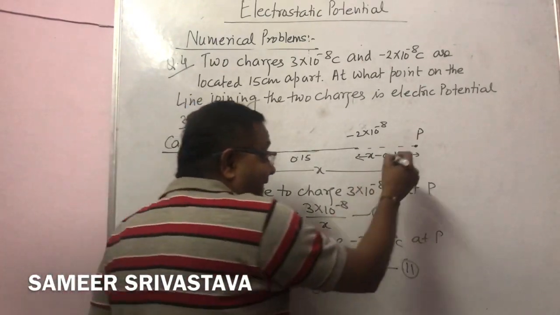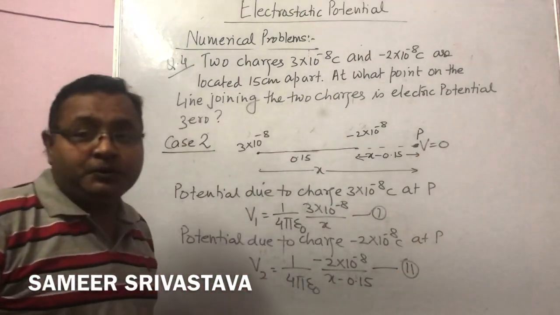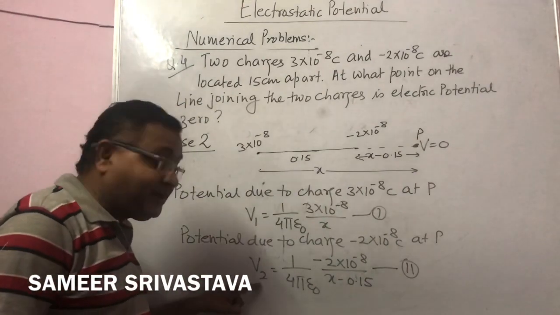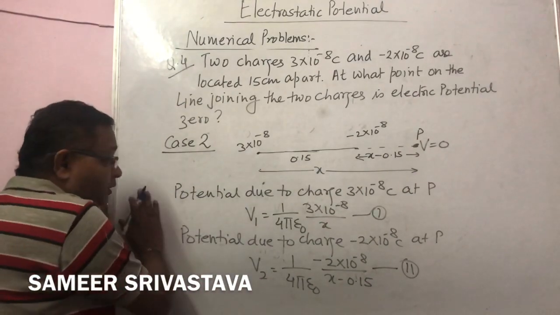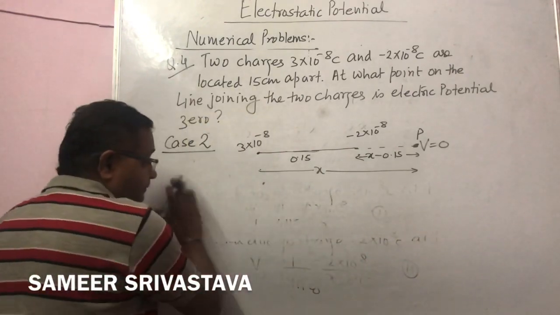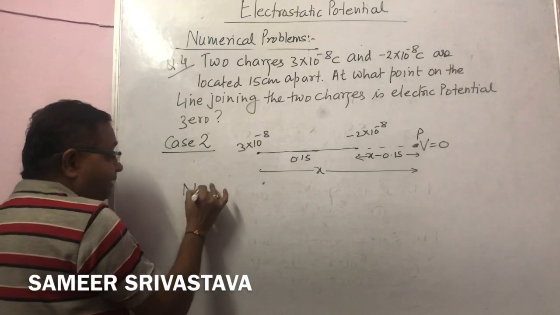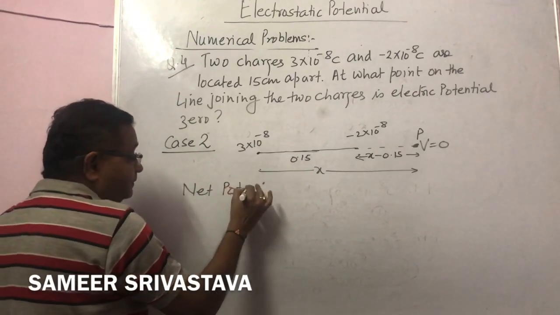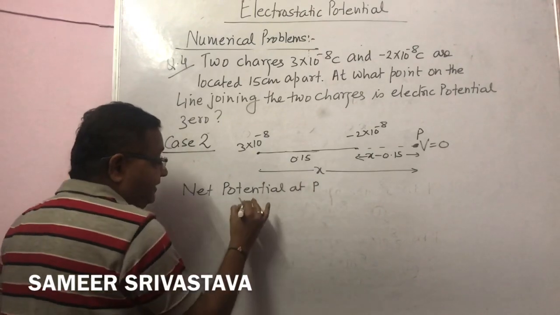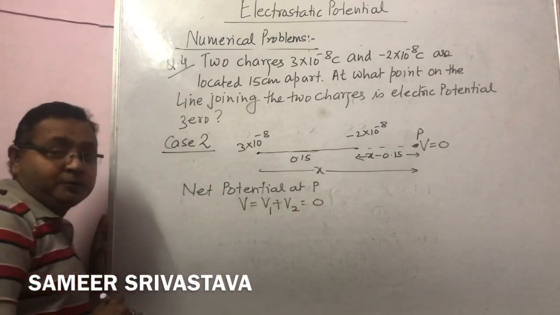Again, at that point, what about the net potential? That is 0. So what is the value of net potential? That is V1 plus V2. So the net potential at P, V is equal to V1 plus V2, and that is equal to 0.